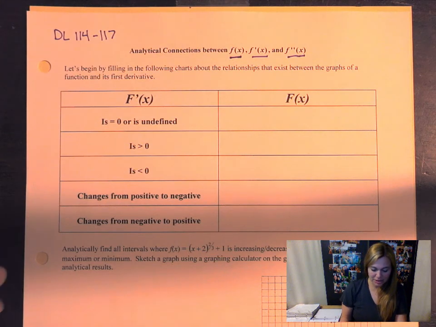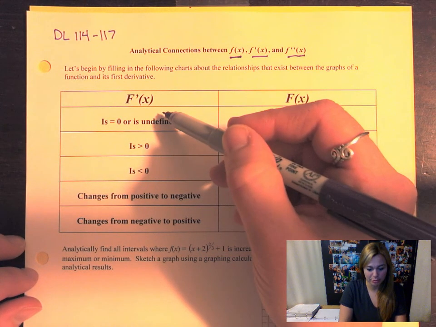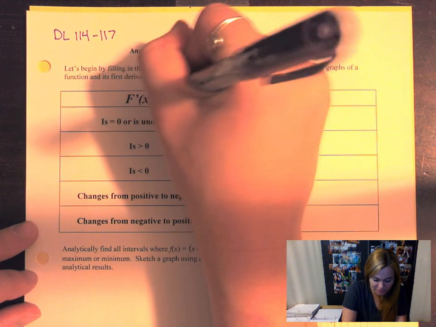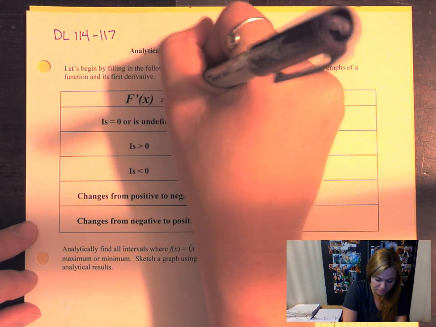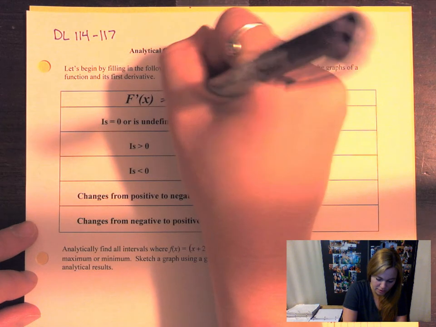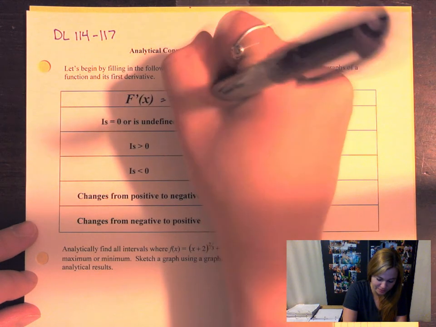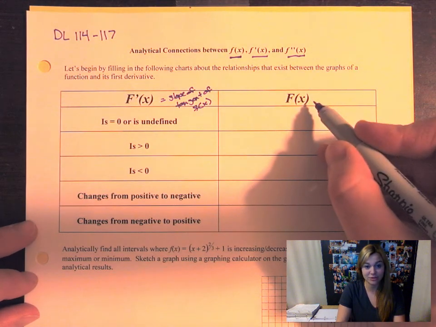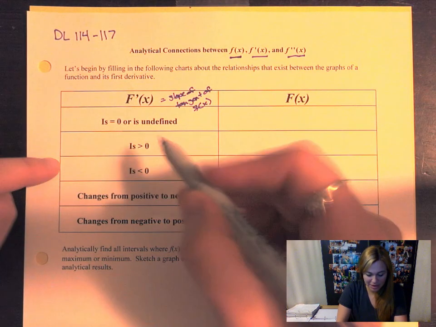So I'm actually going to start with just f prime. So something that we've done before. So remember, f prime is the slope of the tangent of f of x. So we're talking about the slope of f of x, and then this is f of x over here. So I want to know, I'm going to actually do this one first.